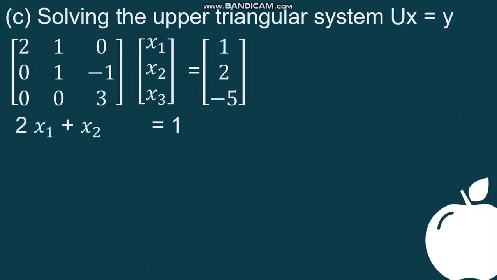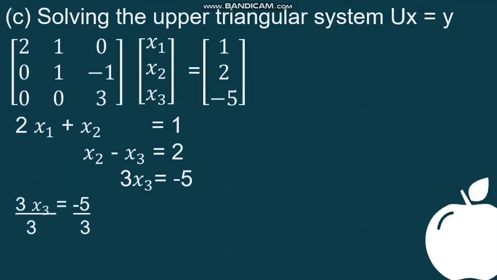Then, we will get our new first equation, that is 2x sub 1 plus x sub 2 is equal to 1. Second equation, x sub 2 minus x sub 3 is equal to 2. And the third is 3x sub 3 is equal to negative 5.